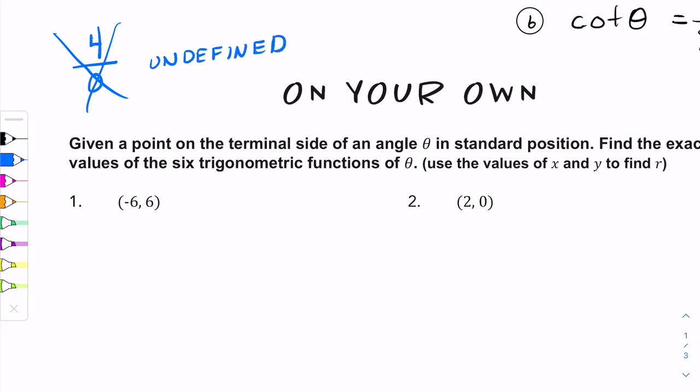So you cannot include that as a solution. However, if you end up with 0 over 4, that is just 0. You're going to see problems that utilize these, so make sure you know the difference between an undefined solution and a zero solution.